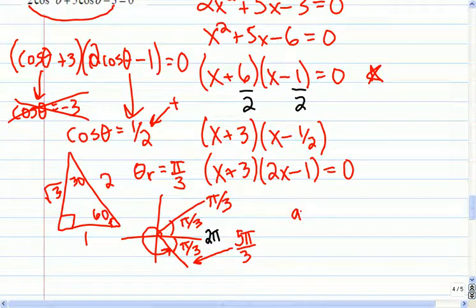So my answer is going to be, sorry, this is theta. My answer is going to be theta equals pi over 3 and 5 pi over 3.